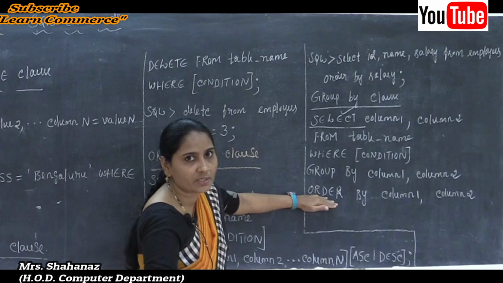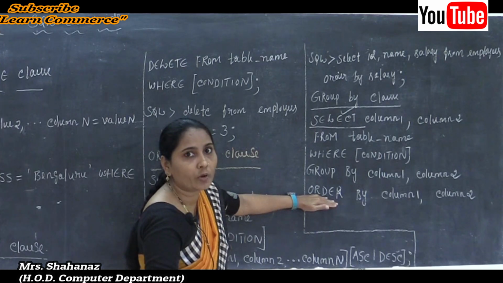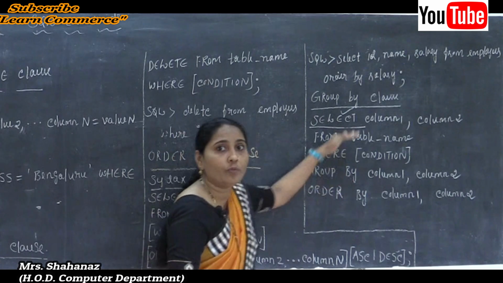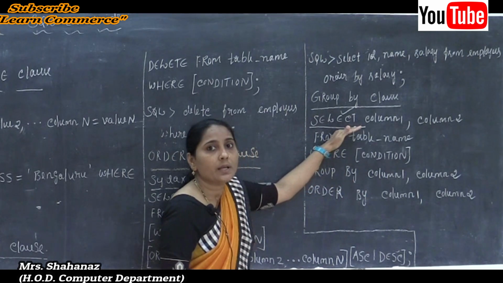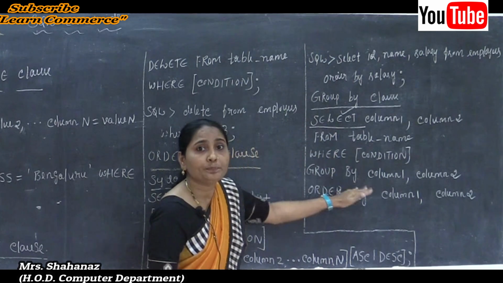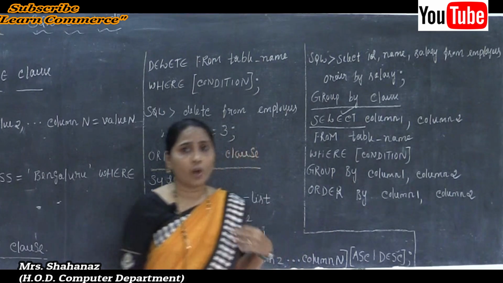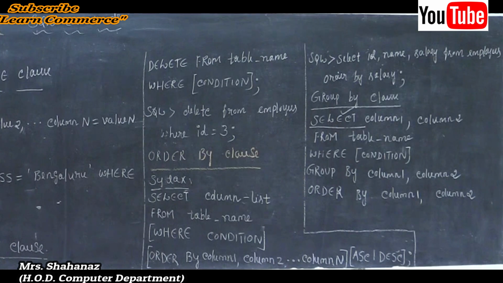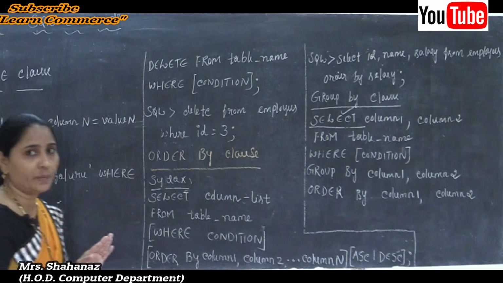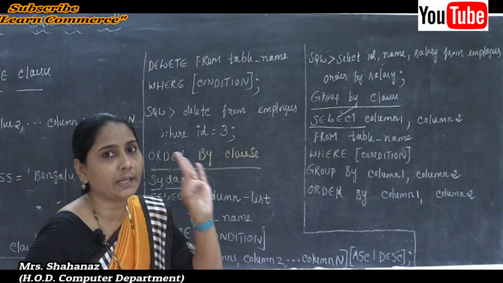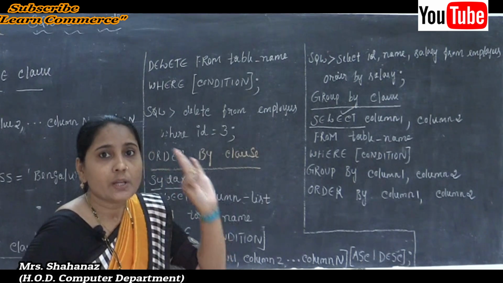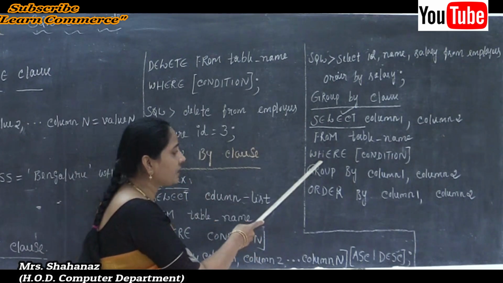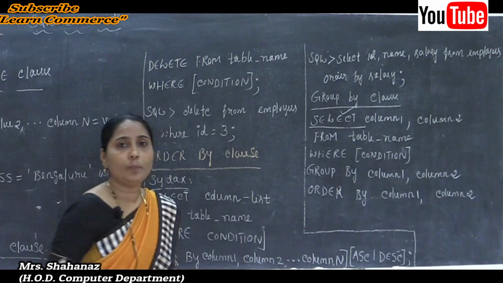Or in simple words, the group by clause must follow the condition in the where clause and must precede the order by clause. Why? Because we know the group by clause meaning is to arrange identical data into groups. So this is the meaning and this is the syntax of the group by clause.